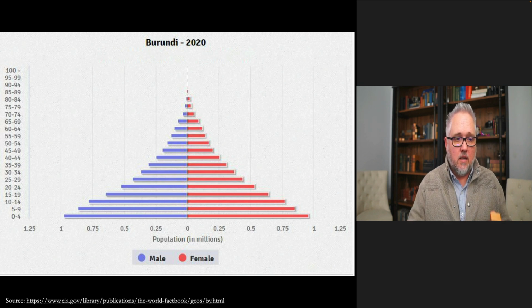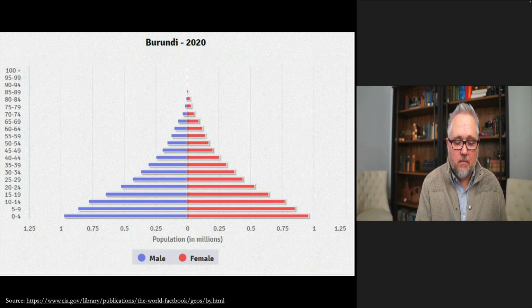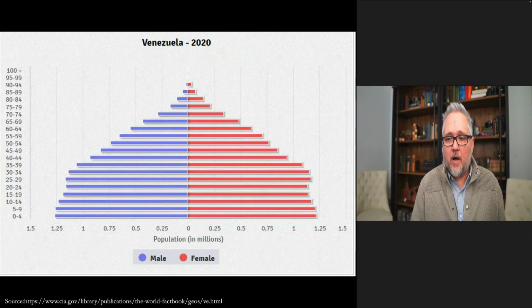So you see a lot of the developing countries that have that wider base, and they narrow quite quickly towards the top. You have other countries like Venezuela, in which those groups are more squished towards the bottom. You have more even cohorts between the 0 to 4s as you do the 25 to 29-year-olds.